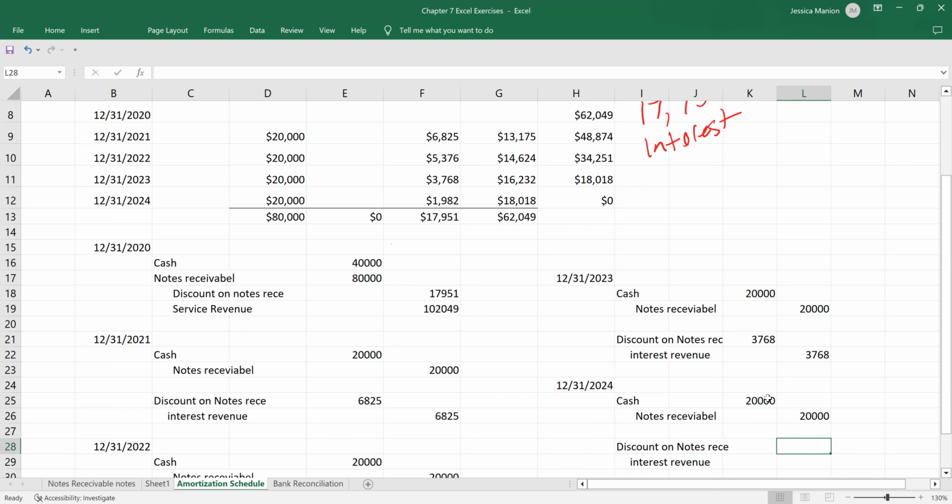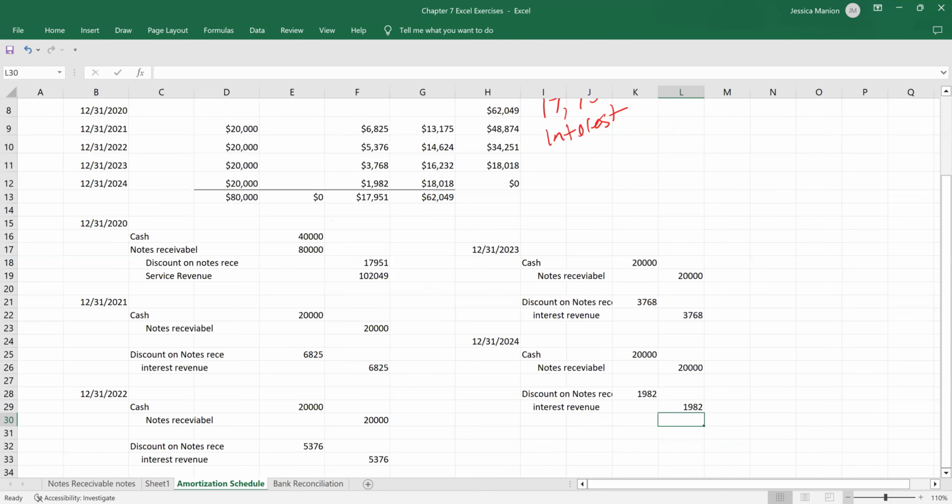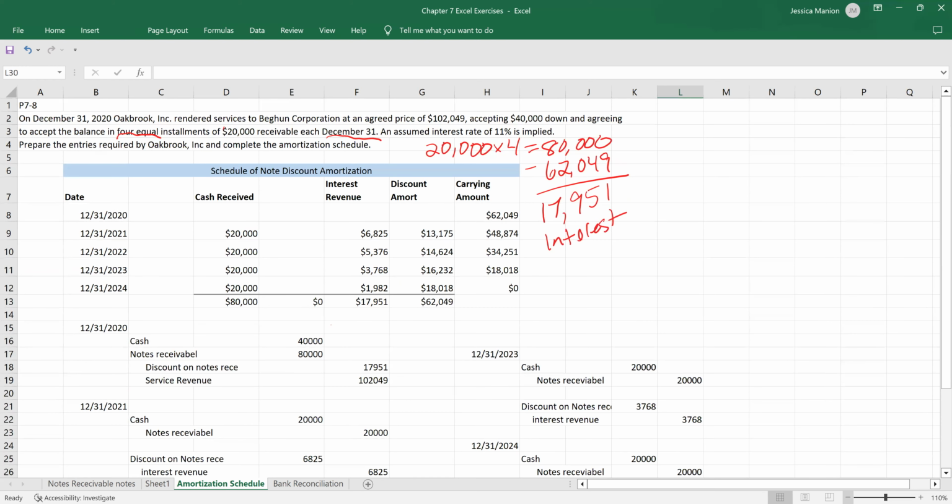That reduces that $80,000 note. And then the amortization of the interest, so this year, 1982. So there's the whole problem. That is problem 7-8 out of your textbook.